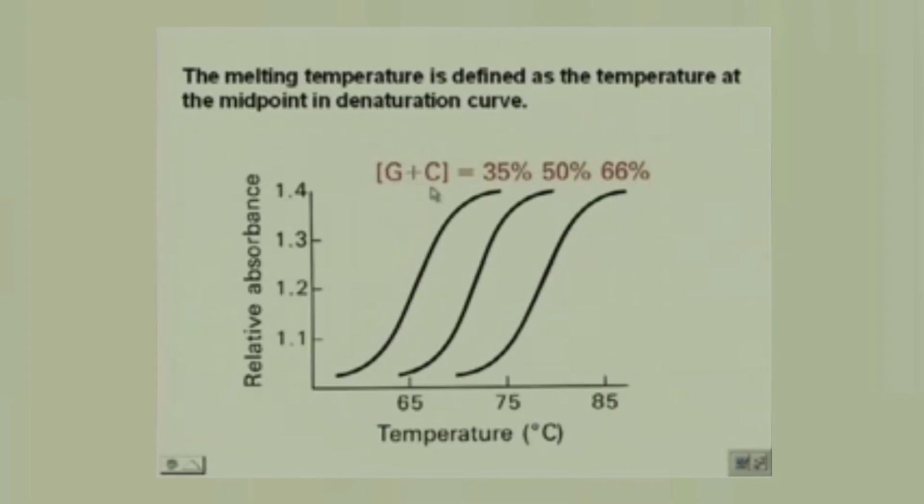What is a G plus C content? A GC base pair content. The GC percentage has increased from left to right, and this has resulted in an increase in the Tm. Why? What happens in the GC pairing?